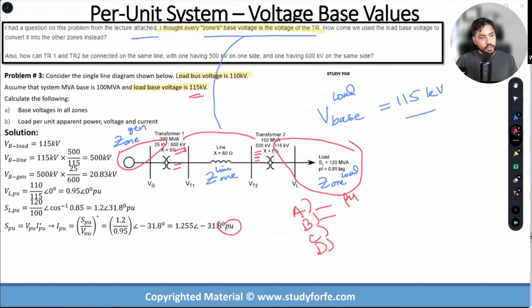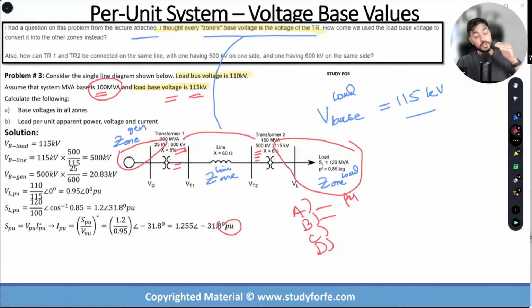Okay. All right. So if a problem statement is fixing voltage in one of the zones, if the problem statement is hard wiring, hard coding, fixing, writing in stone, the MVA base value, please do not go out of the way to make mistake.